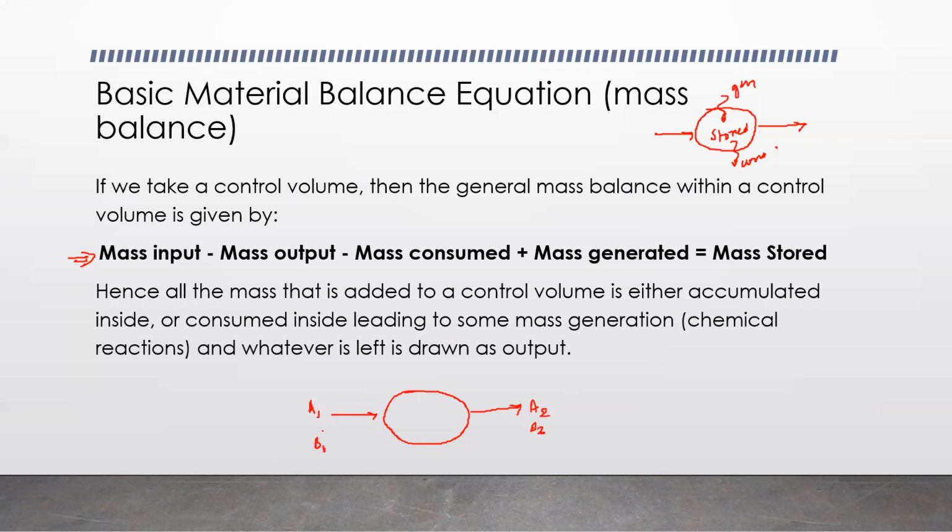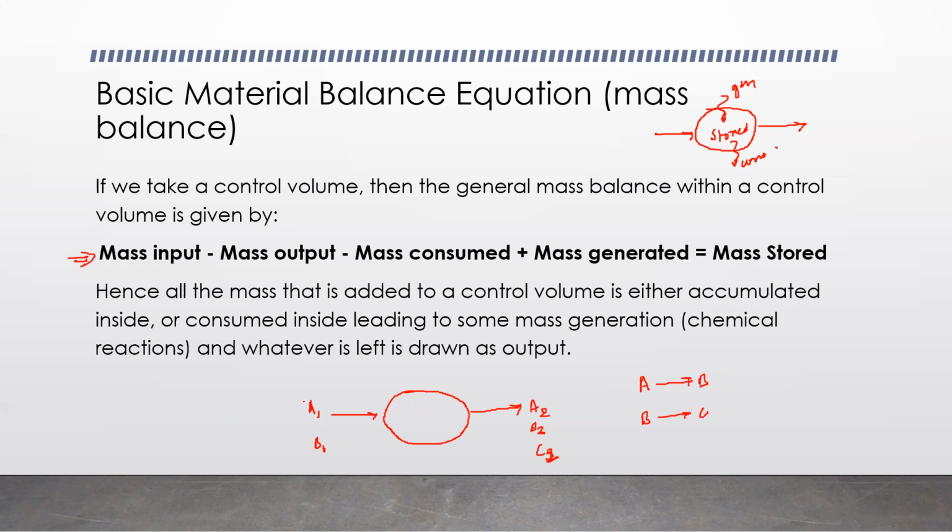Let's say inside there is a chemical reaction which converts A to B, and another chemical reaction which converts B to C. So we'll get C in the output as well. These two chemical reactions are taking place inside.